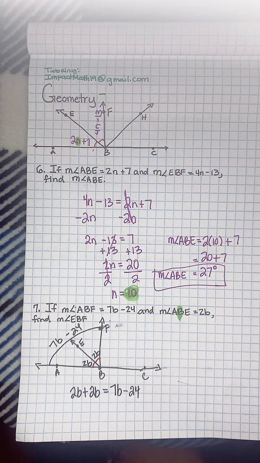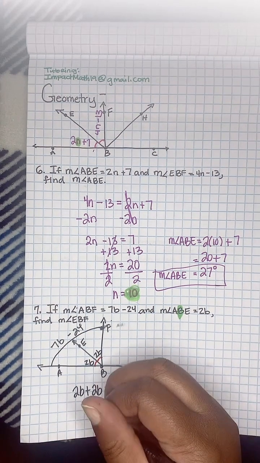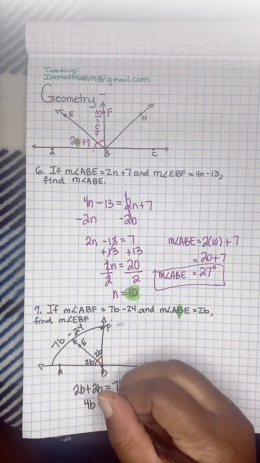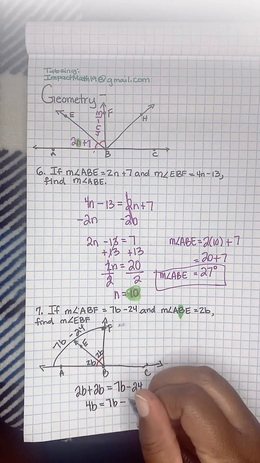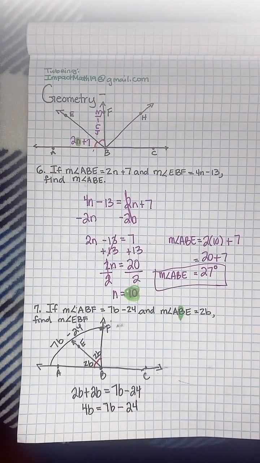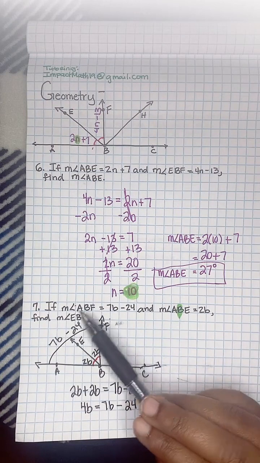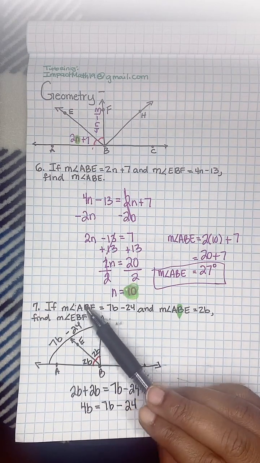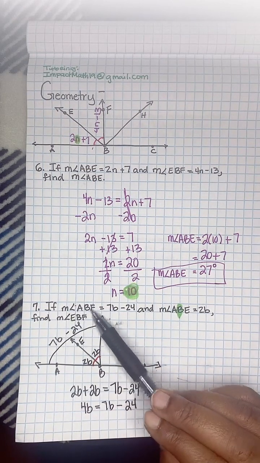Any questions? Good. So somebody said 4B. Wonderful. So we get 4B equals 7B minus 24. This is all confusing to me. Yes, it's probably confusing because of this: do you understand the measure of angle ABF?